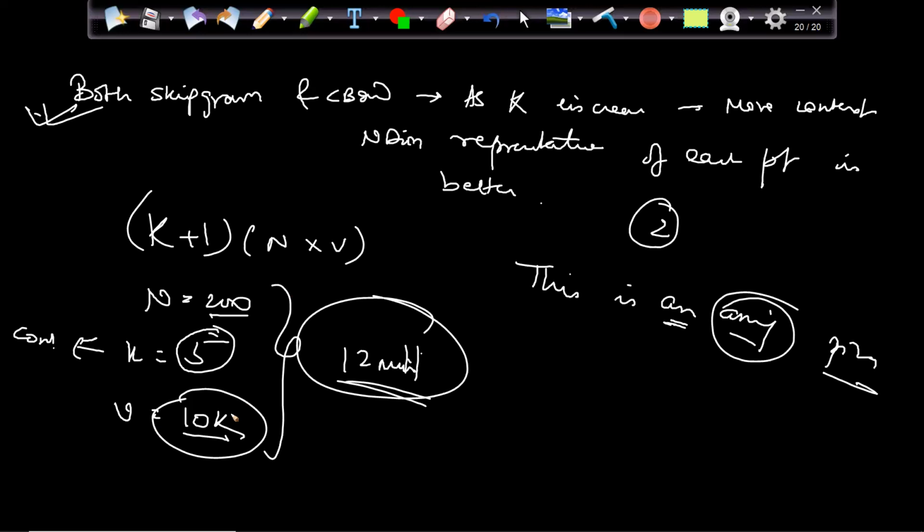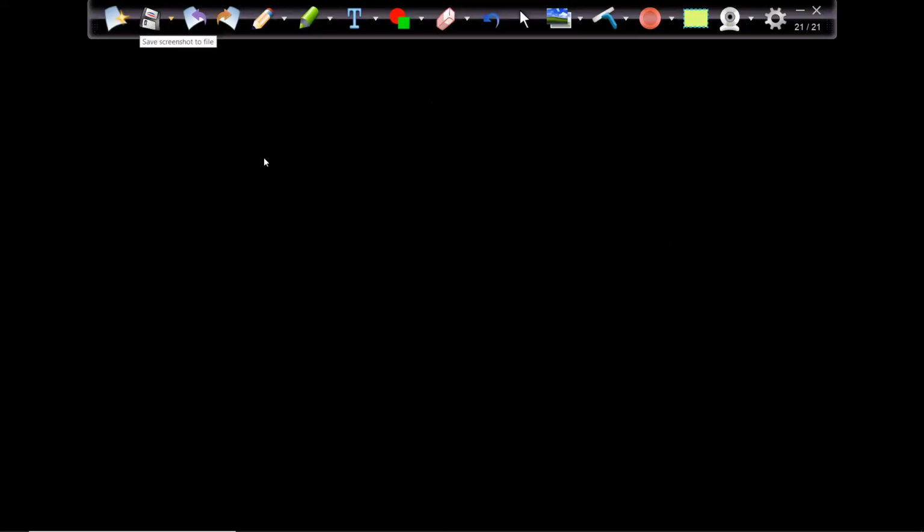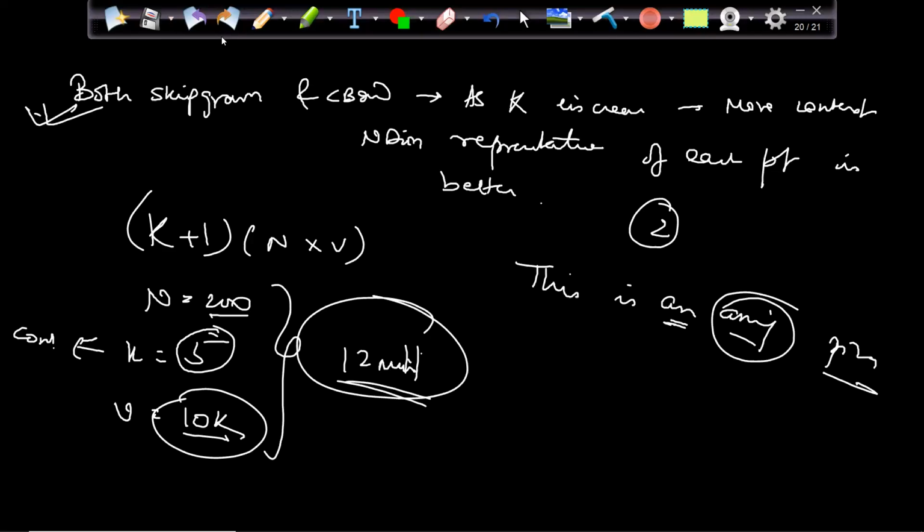We can have a huge number of words. 10k is like nothing. So overall, things will get slow. So we have to optimize this entire algorithm. There are techniques which we are not covering at this point, but that can help us optimize it. Right, so these are the algorithms which we are using in Word2Vec.